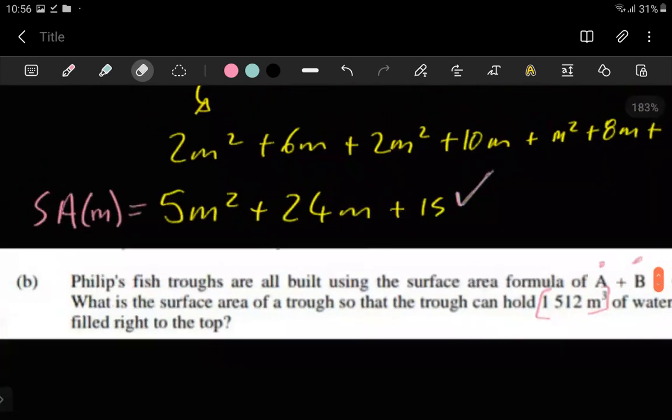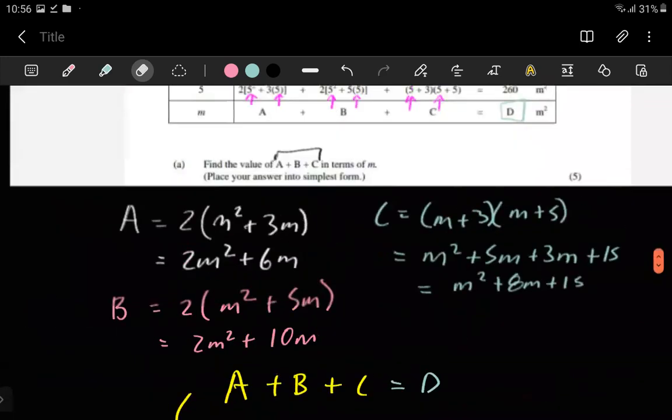Let's just try it out. Put a 3 there and put a 3 there. What answer do you get? 132. Perfect.